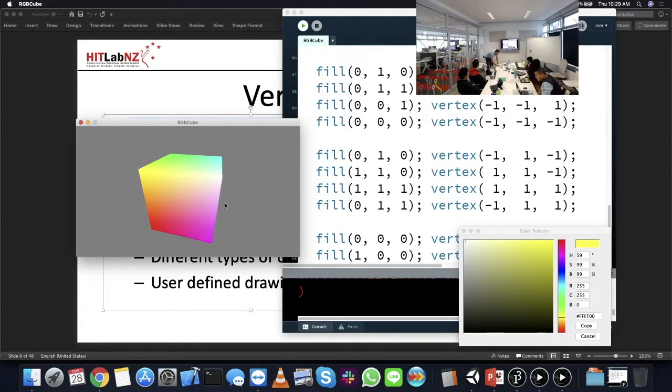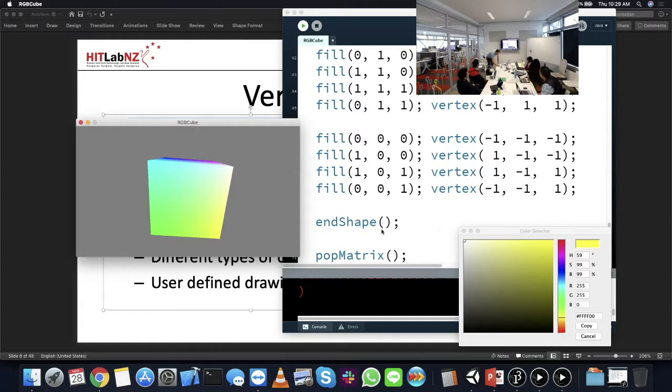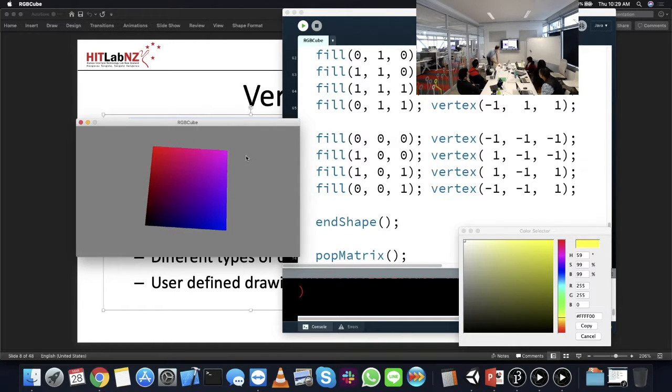And that's got green, yellow, white and cyan. So green, yellow, white, cyan. And our last one has black, blue, purple, red. So black, blue, purple, and red.